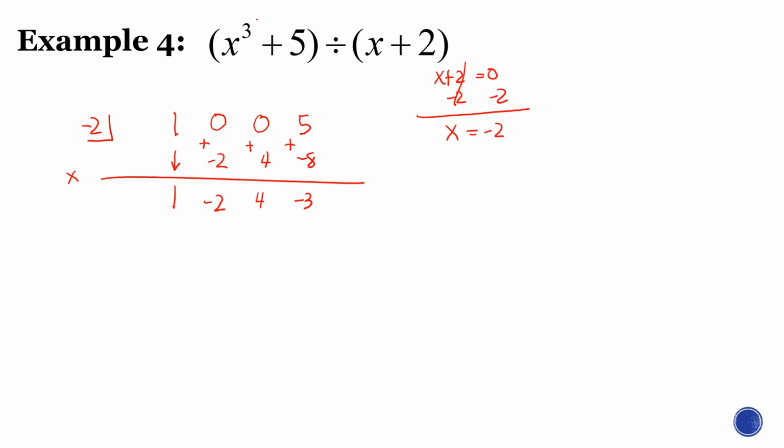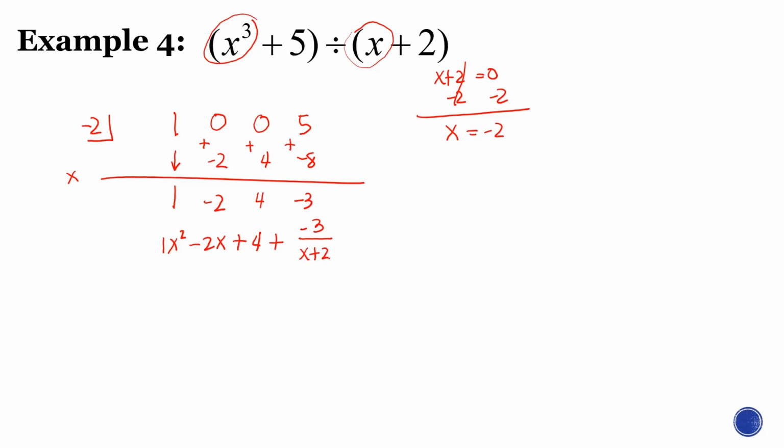We will begin by dividing this by 2, and that will be x squared, which means that is the first literal coefficient that we will put here. So this is x squared. That's 1x squared minus 2x plus 4 plus negative 3 over x plus 2.